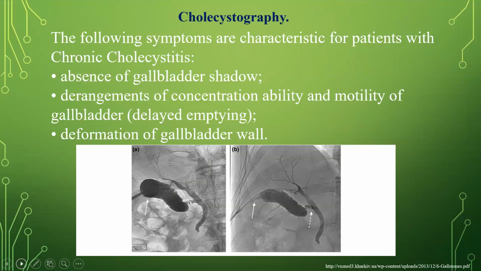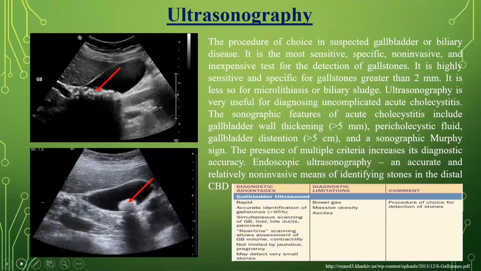Here is presented the usual picture of chronic cholecystitis on oral cholecystography. Cholecysto is the bile-carrying formation, and graphy means imaging.